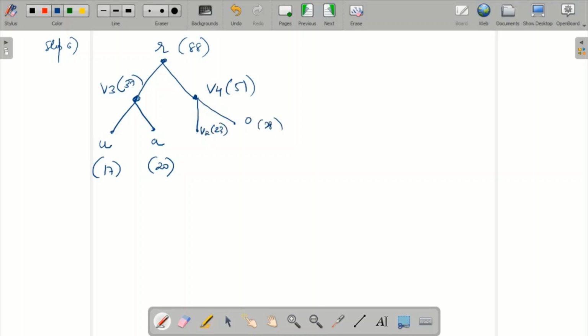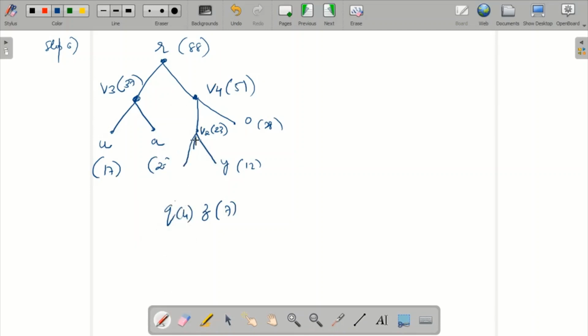Then with this V2 you had V1 and Y. V1 is 11, and Y is 12. Then for this V1 you had again two branches, that is Q 4 and Z 7. I'll just erase this so there is no confusion.